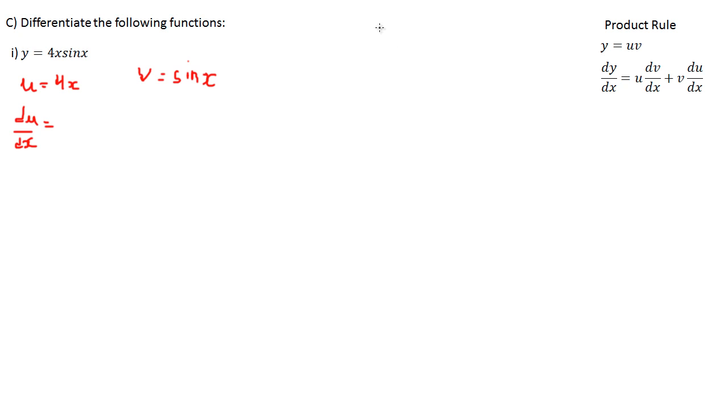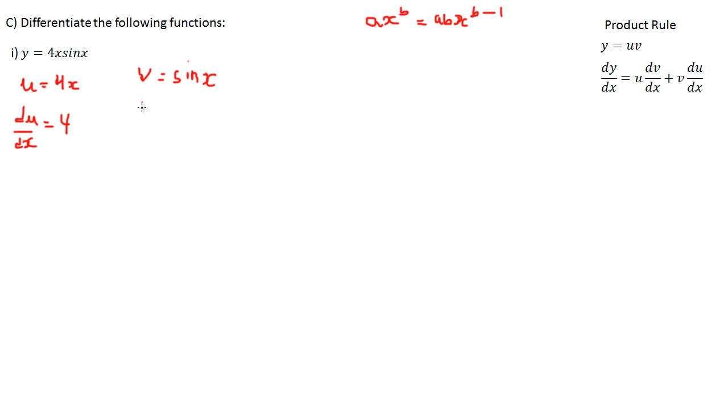Okay, so when we have ax to the power of b, to differentiate we basically do abx to the power of b minus 1, and this basically means that the constant in front of the variable will be multiplied by the power, and then the power will be decreased by 1. So this will be 4 times 1 x to the power of 0, so that's 1, and we get 4 at the end.